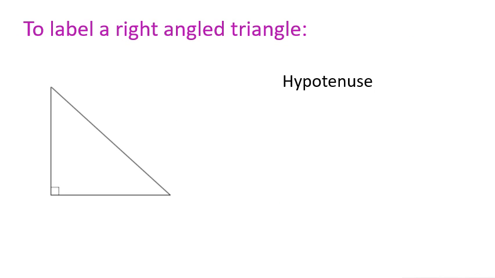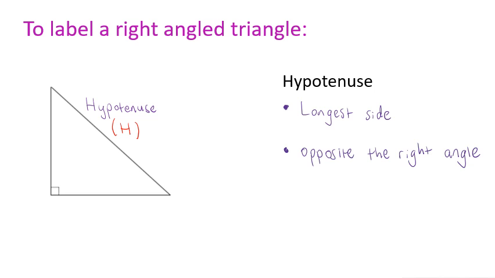So you should remember from Pythagoras, when labeling a triangle, this here is the hypotenuse. For trigonometry, we're going to call the hypotenuse h. And as we should recall, the hypotenuse is the longest side and it's opposite the right angle.